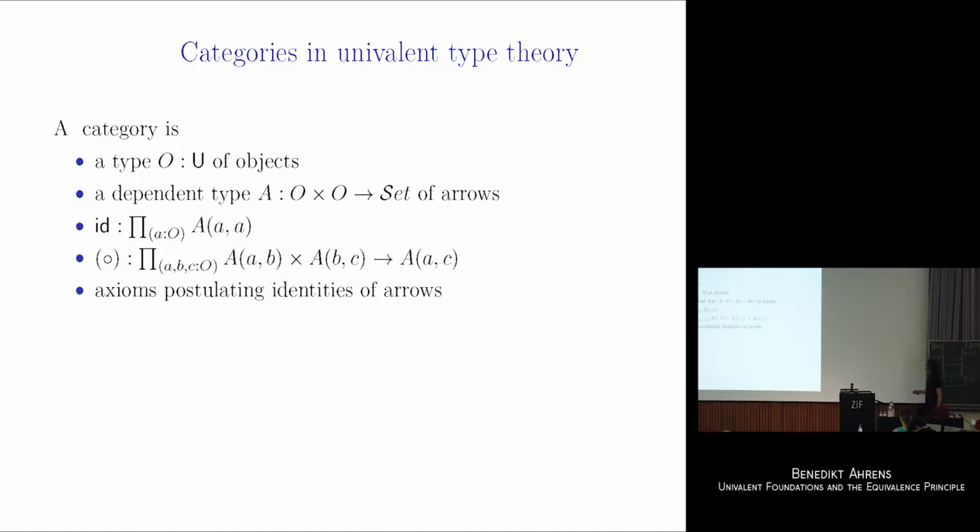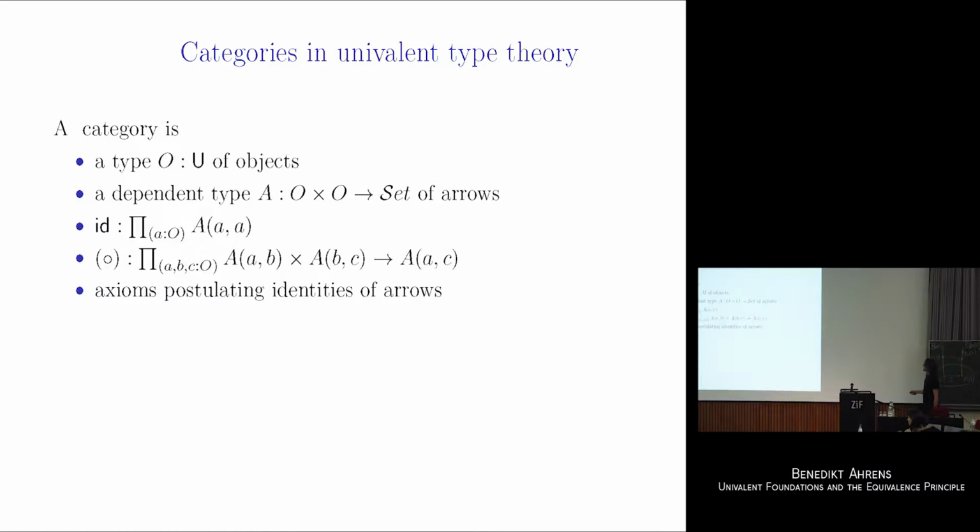And then we have operations of identity and composition, which are both dependent functions, and axioms postulating the categorical identities of arrows. So there's no surprise here. We have to make sure that the types of arrows are actually sets, because otherwise these things here are not axioms.